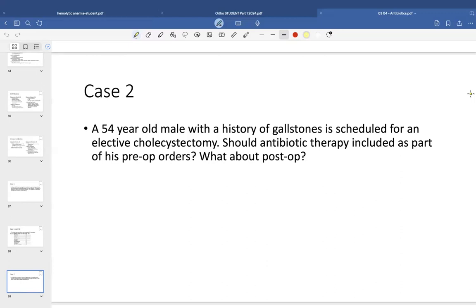Pre-op prophylaxis is for dirtier procedures, or a bigger incision. And post-op, if some sort of instrument is being put in, like a hip or something, you might give post-op prophylaxis. But generally, for a fully elective, uncomplicated case, they can get away with no pre-op prophylaxis.